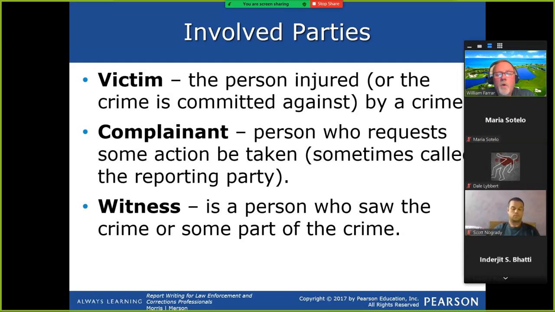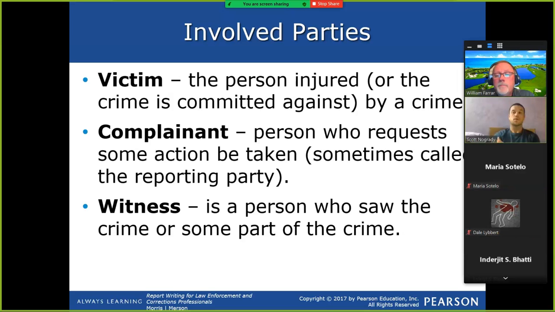Okay, so if we have a liquor store robbery, just kind of as an example, so you're the clerk, you're working at night, and somebody comes in with a firearm and points it at you and demands money and leaves the scene. Who is the victim of that particular incident? The liquor store.